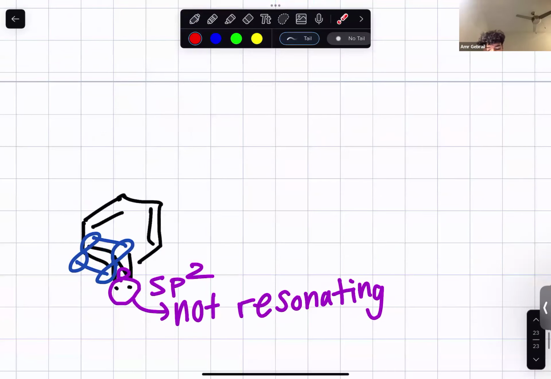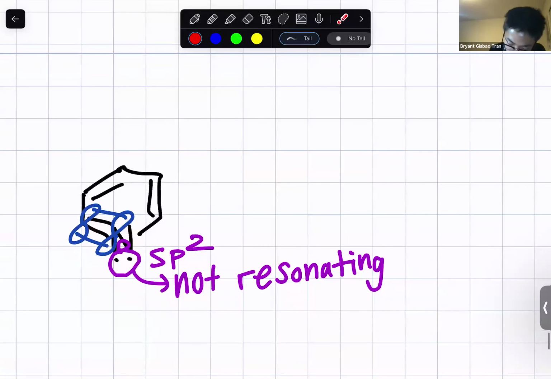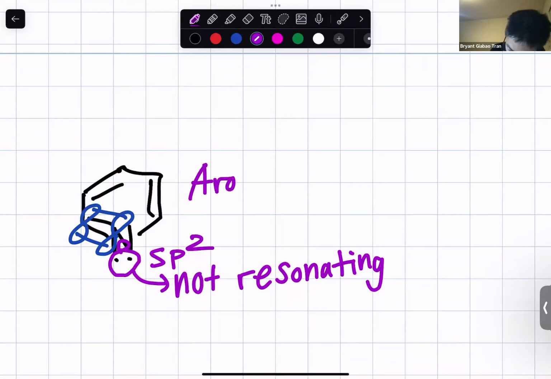But in this case, this double bond can't make a triple bond there. There's already a double bond there, blocking the way for resonance. Right? So this will not count as a pair of electrons. The things that do count are these three pairs here. So we don't count that as a pair. Only these three pairs count, which is an odd pair, making that aromatic.